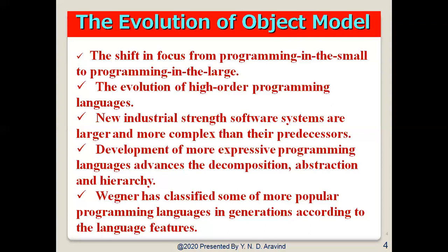The development of more expressive programming languages advanced decomposition, abstraction and hierarchy. Wegner had classified some of the more popular programming languages into generations according to language features.